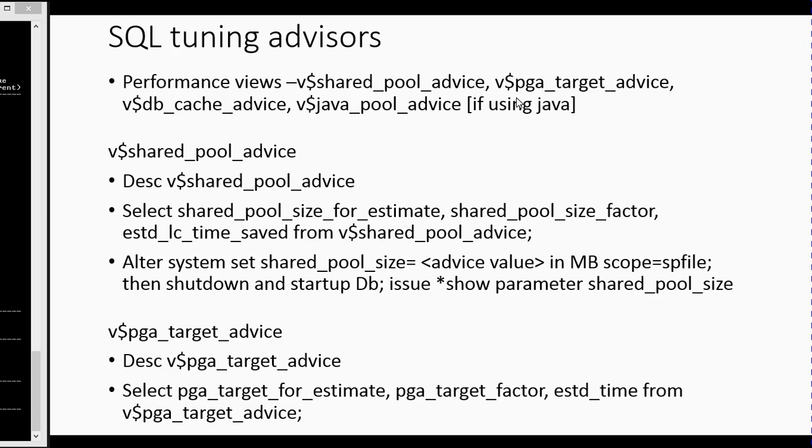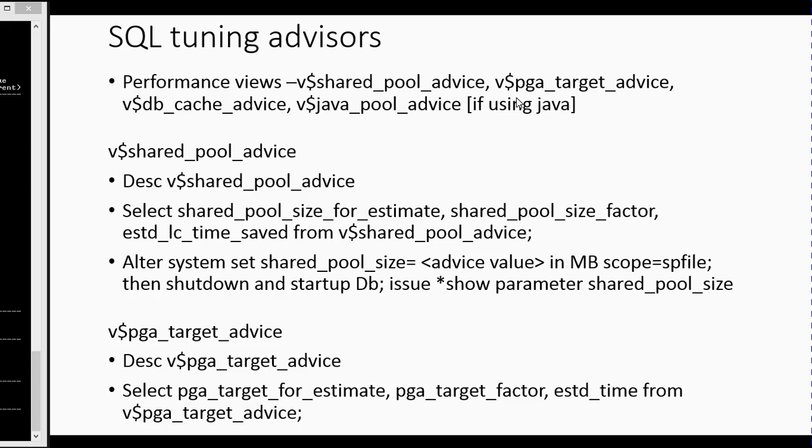So in terms of the actual advisors, I've covered four components. So definitely you have four tuning advisors, and basically you'll be relying on four dynamic performance views for your recommendations. The first one is V$SHARED_POOL_ADVICE.